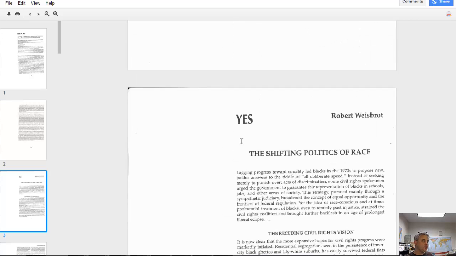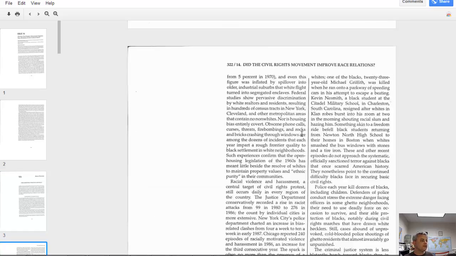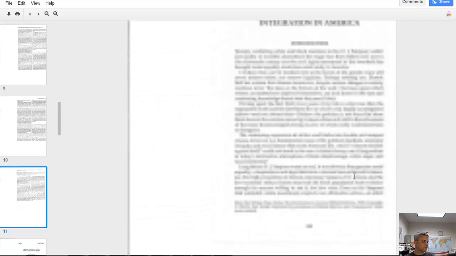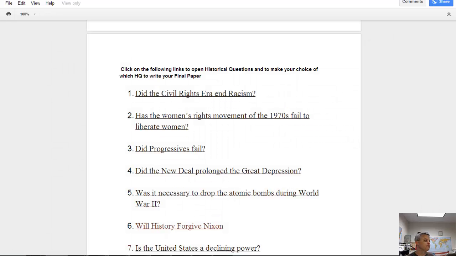And then you get into the yes portion of the essay, the shifting politics of race. And then a few pages in, you get to the no, right? So it's 2 essays within each historical question that you have to read once you've chosen your historical question.